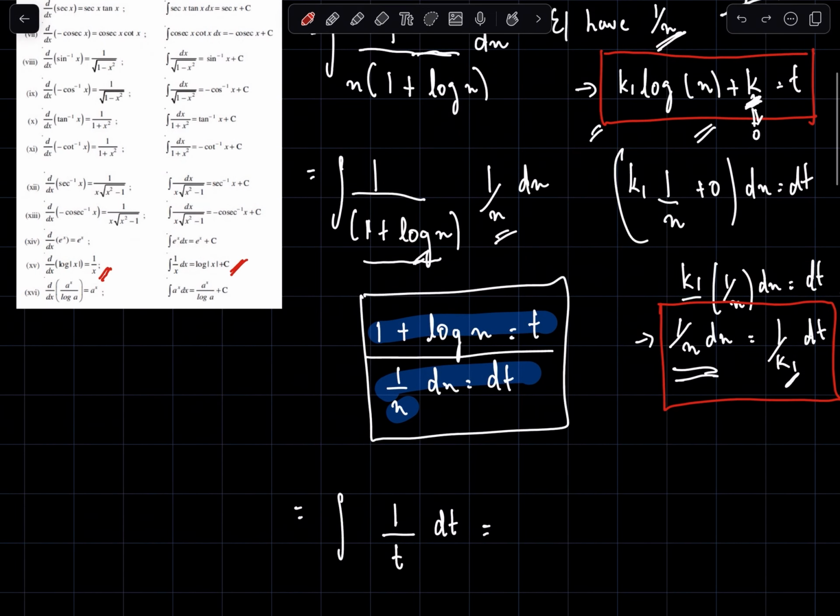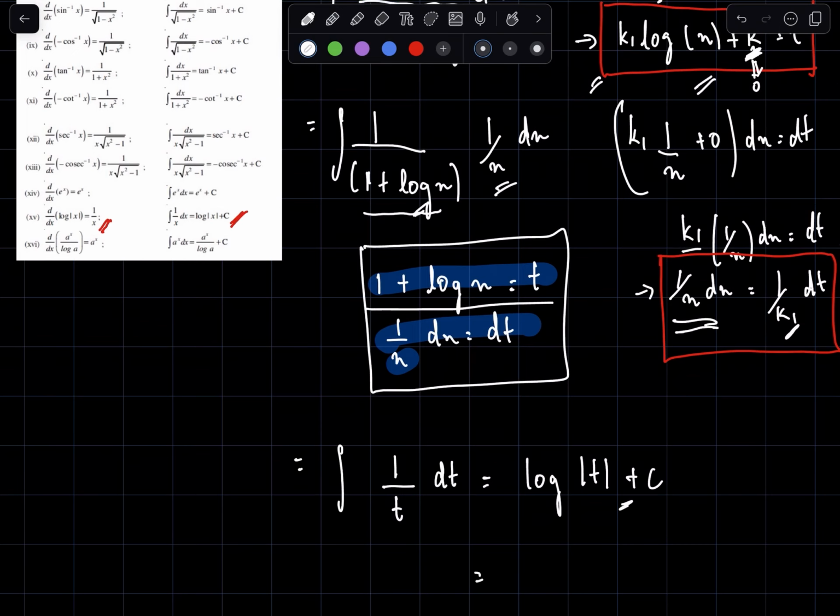Okay, so which is equal to log of t plus c, right? Now log of t, now you have to substitute t back, so t goes back in here, which is log of 1 plus log of x, plus c, correct?